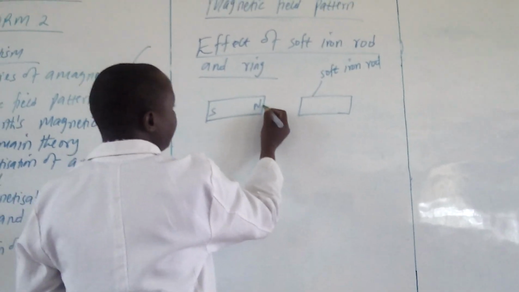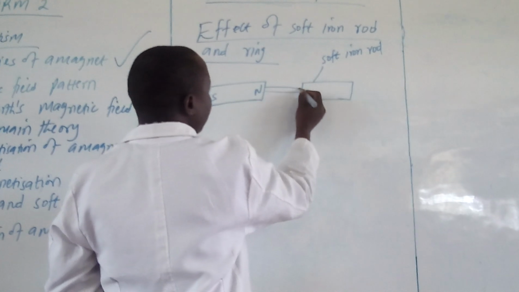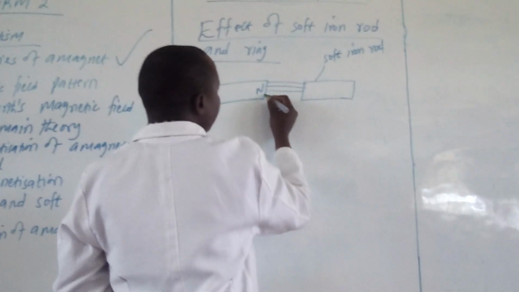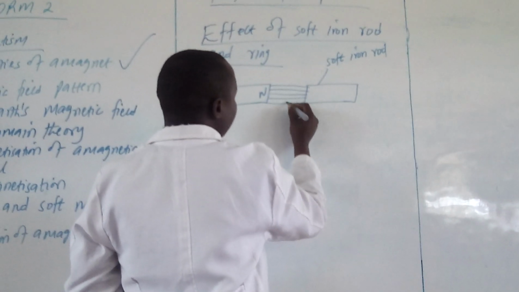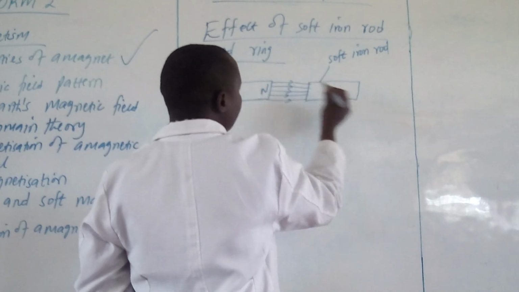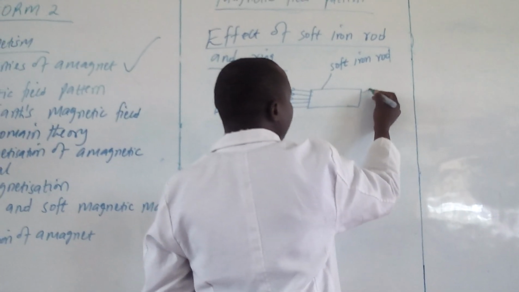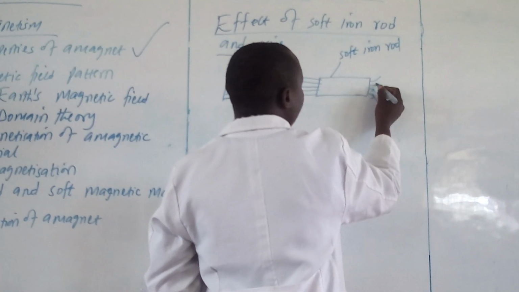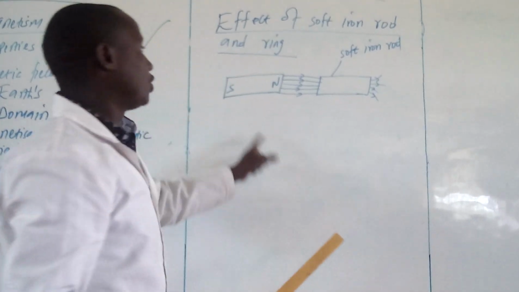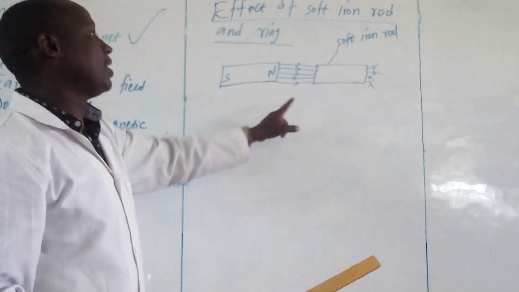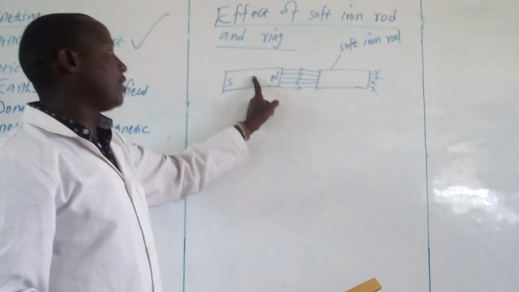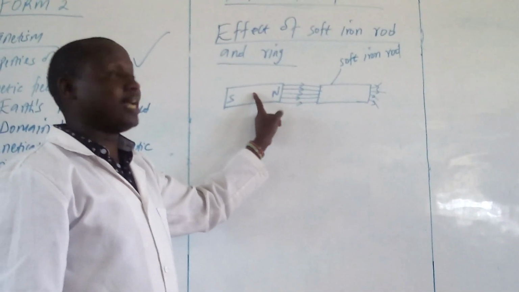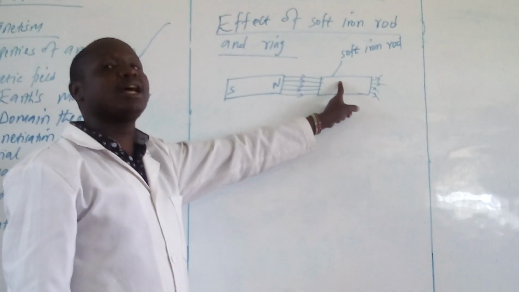This is how the magnetic field is concentrated in the soft iron, and some of the field will emerge at the end of the rod. Remember, this is a magnetic material.